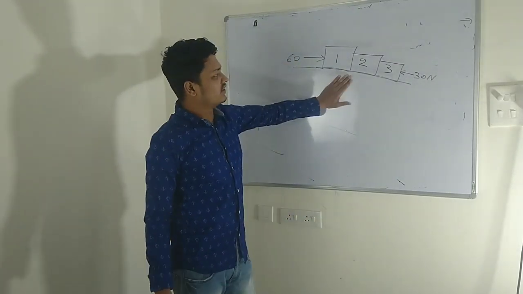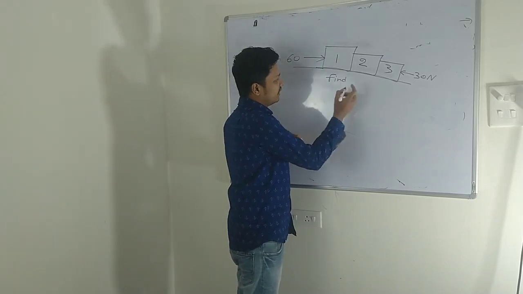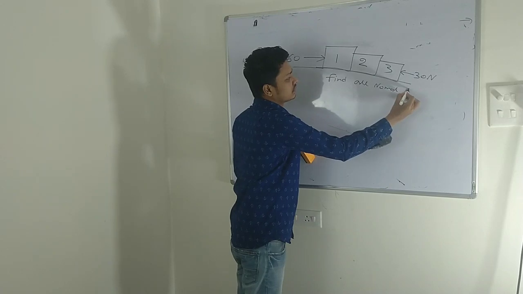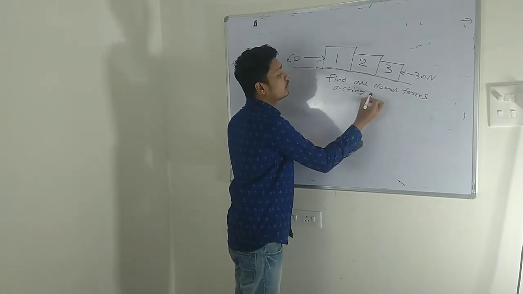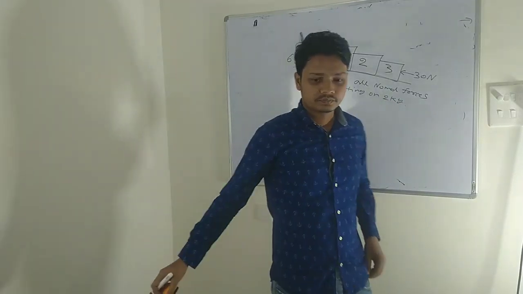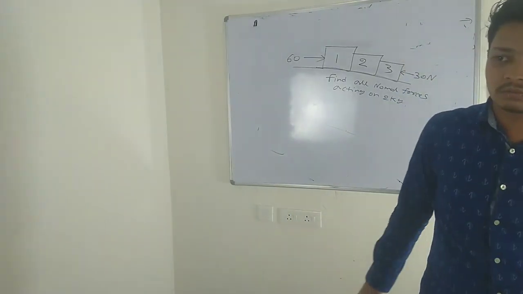Now I am asking you, find all the normal forces acting on the 2 kg block. Write down in comment, the 2 kg block. So all the normal forces acting on the 2 kg block. Write down in comment.